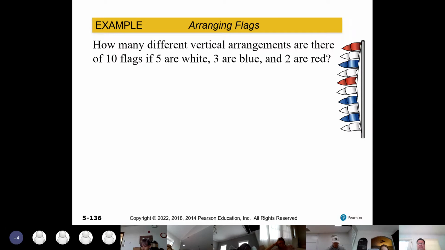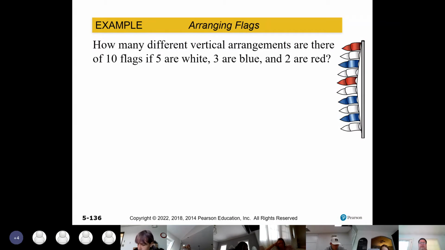This is flags, or trees. You work on a golf course and you have 10 trees to organize on the golf course. 5 are oak trees, 3 are elm trees, and 2 are pecan trees. How many different arrangements do you have of those trees?